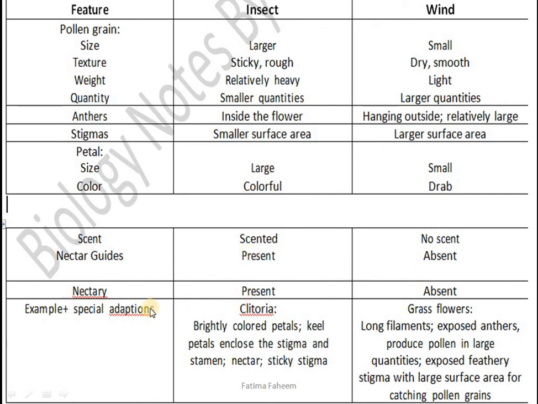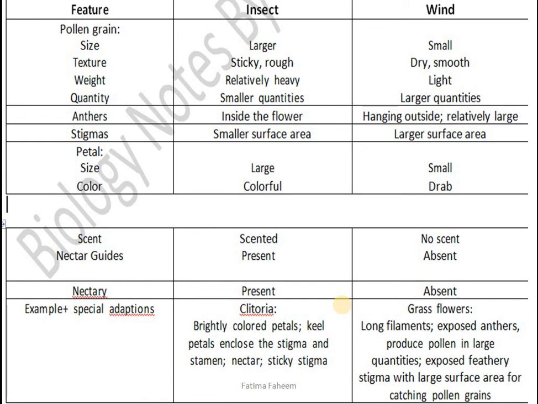Nectaries, or the glands which produce nectar, would be present in insect pollinated flowers. On the other hand, they would be absent in those flowers which are pollinated by wind, because no attraction is required to invite the insects or birds to come over and get the pollen, since they are dispersing their pollen through wind.